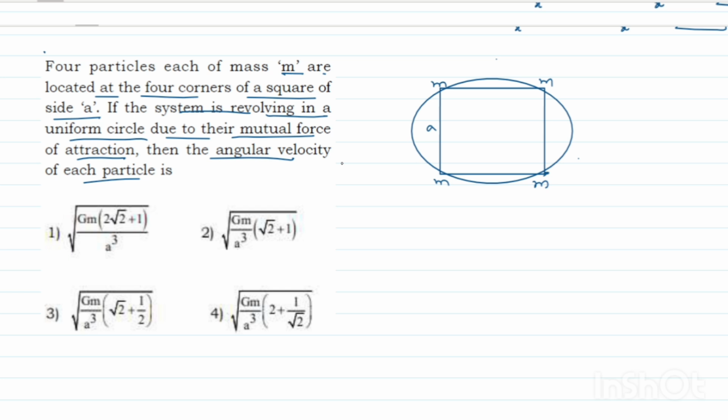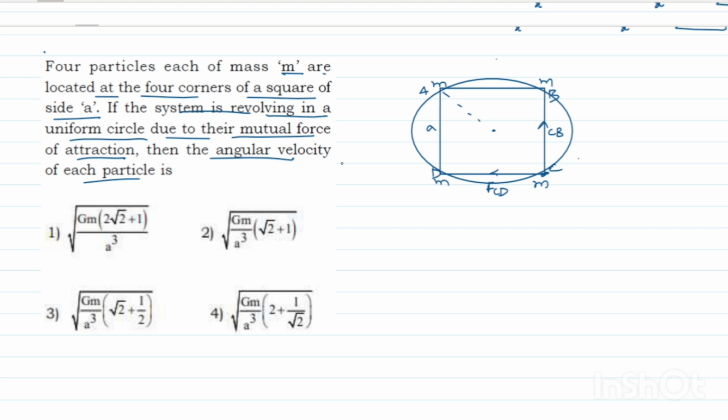The side is given as A. So let us give the names A, B, C, D. You just give the names like this. And here you can calculate the net force acting on any one of the particles. If I would like to calculate the net force acting on the C particle, the C particle will be attracted by the D particle along this direction, and the C particle will be attracted by the B particle along this direction.